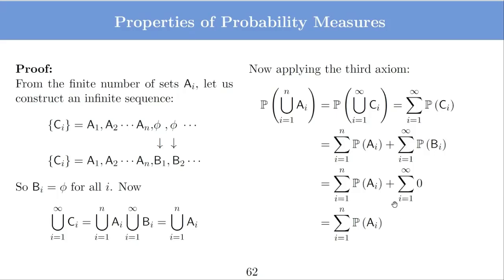Summation of all 0 is 0. So you get P of Ai as the only term remaining, which is equal to the summation of P of Ai. So what we have proved is that the probability of the finite union of Ai's is equal to the summation of the individual probabilities of these sets.